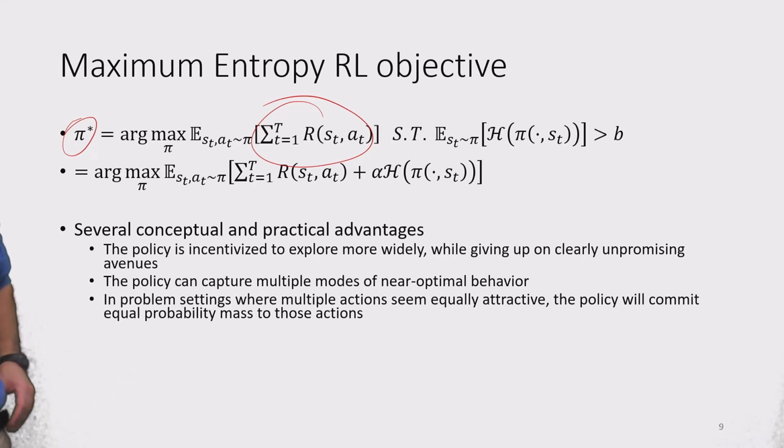Finally, in problem settings where multiple actions seem equally attractive, the policy will commit equal probability mass to those actions. Right, so this can help us avoid local convergence and adapt more easily to new settings.